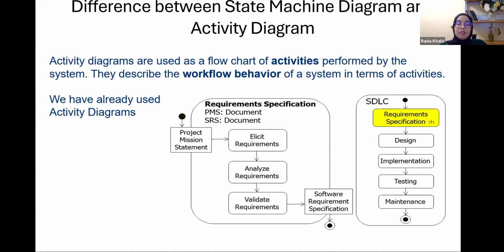The very first activity is to state the mission or objective of the project. Then we elicit requirements in the requirement elicitation phase, and we analyze them again and validate them.